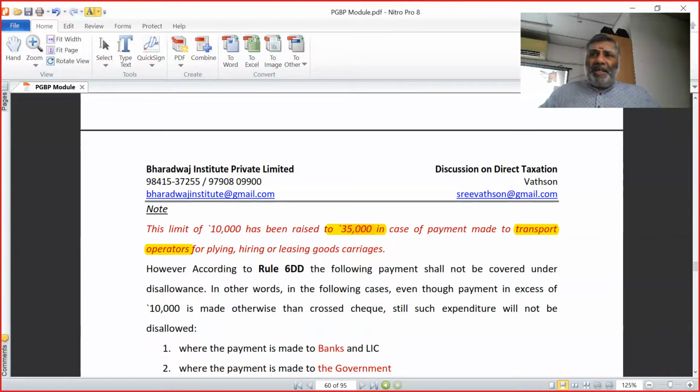Two, where the transport operator provides declaration as well as PAN, then no TDS. You need not deduct TDS, and there is no disallowance also if you have not deducted.